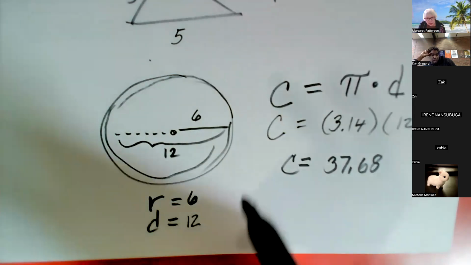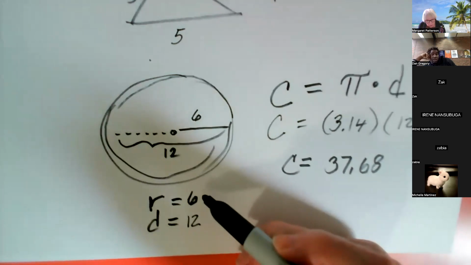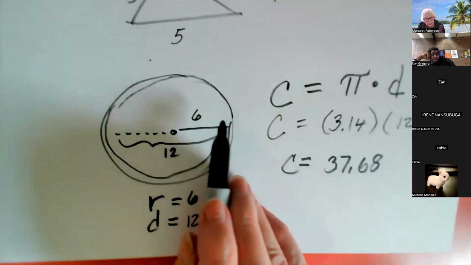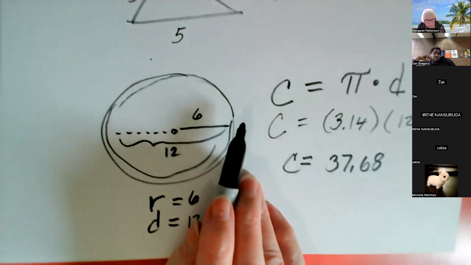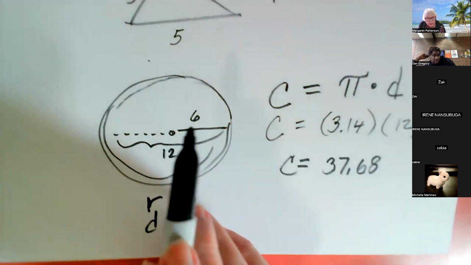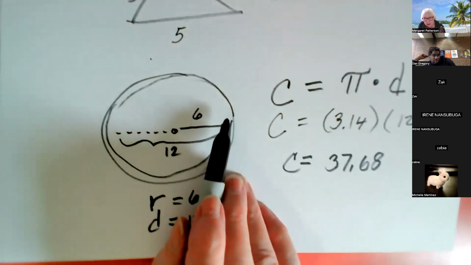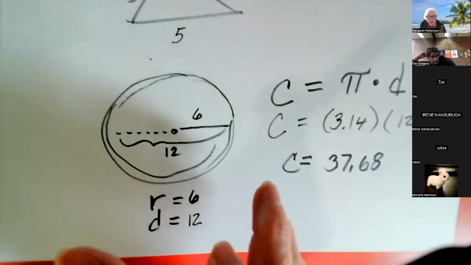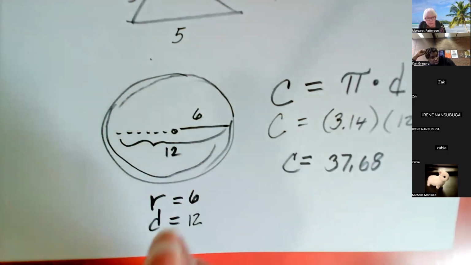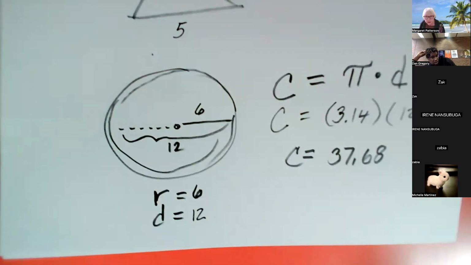Now, you may have seen, maybe not this word radius, but diameter. You see it like on dishes. They talk about the diameter. So if it's a dinner plate, it's maybe 12 inches across or 10 inches. If it's a little plate, like for dessert, it might be 6 or 7 inches.